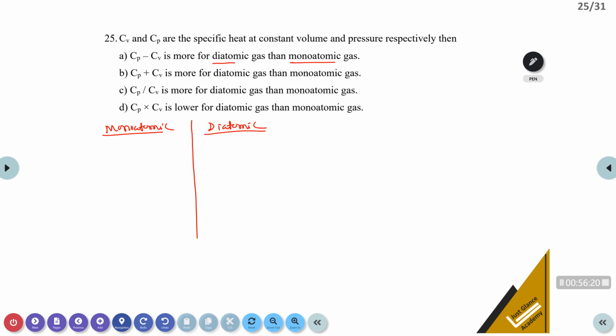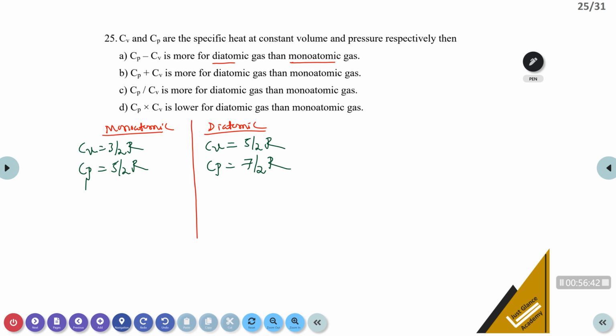For monoatomic gas, Cv equal to 3 by 2R, then Cp equal to 5 by 2R. For diatomic gas, Cv equal to 5 by 2R and Cp equal to 7 by 2R.